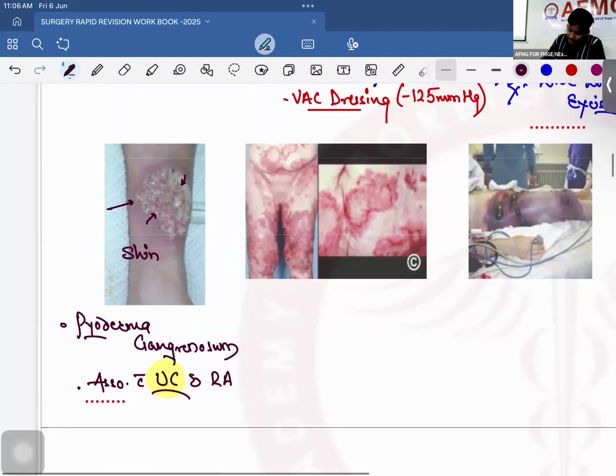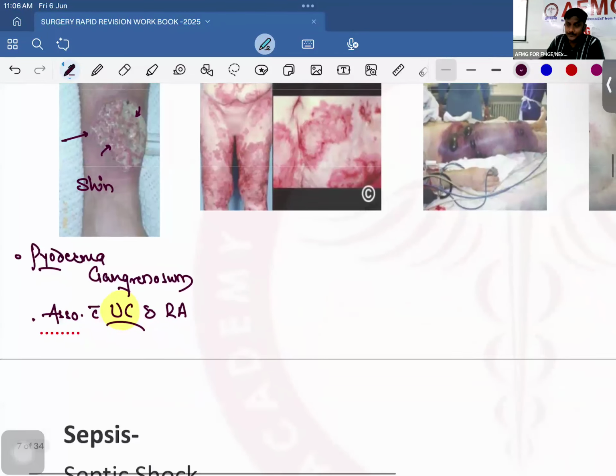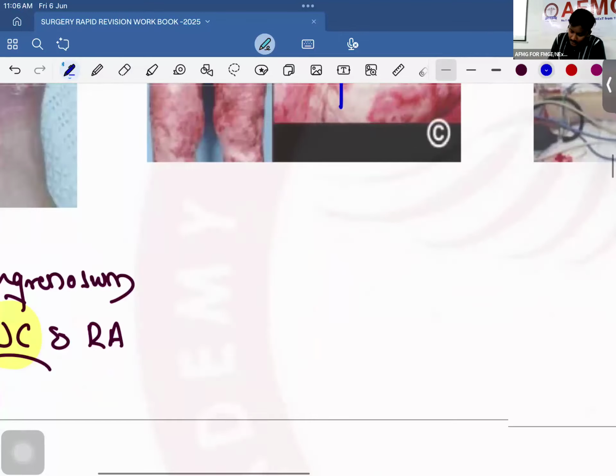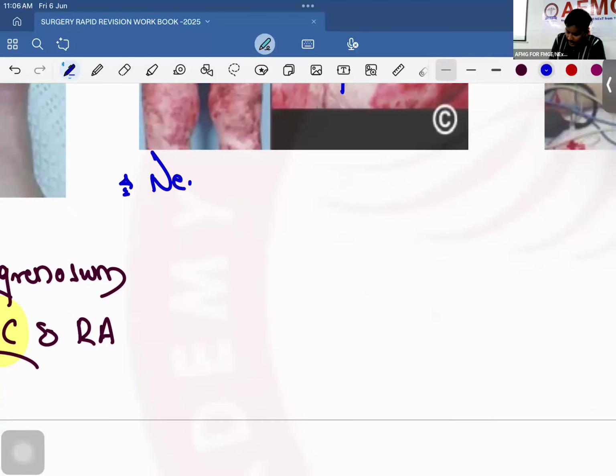Next important, if I talk about repeated picture. Yes, so here you are able to see, beta, a rash or an erythema which is seen basically with a central clearing, and here there will be necrosis of skin. This rash will keep on changing the sites, beta. So we call this as a necrolytic migratory erythema.